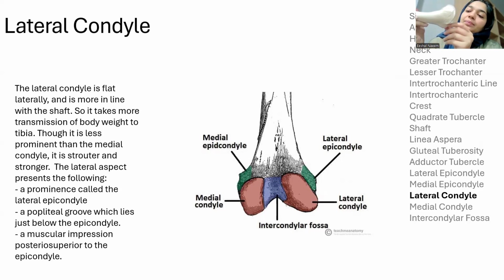So we have the popliteal groove here. Can you see this? This is the popliteal groove. And a muscular impression posterior superior to the epicondyle. So there's a muscular impression also here.